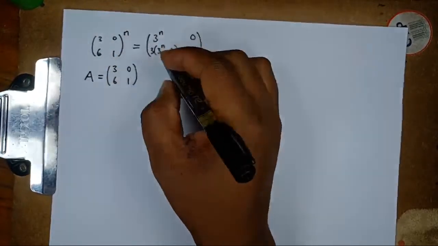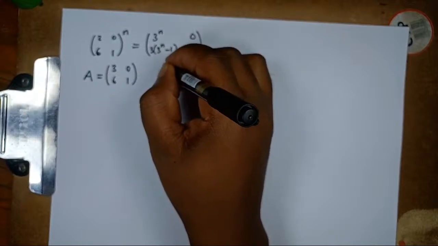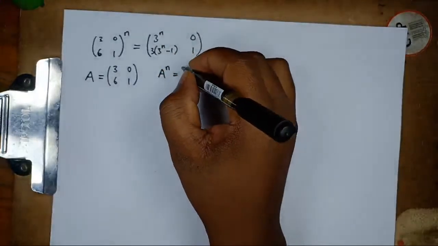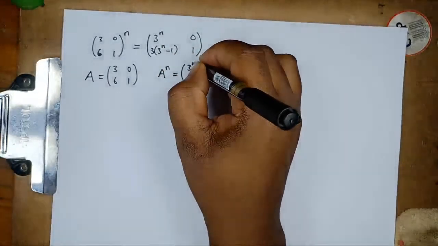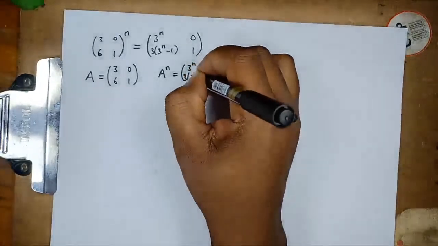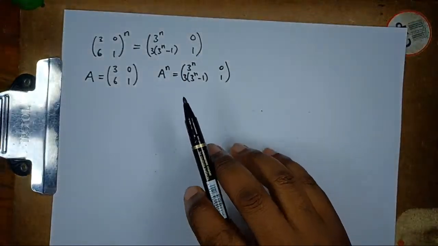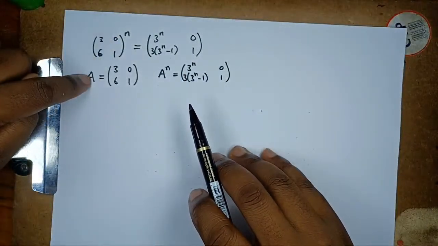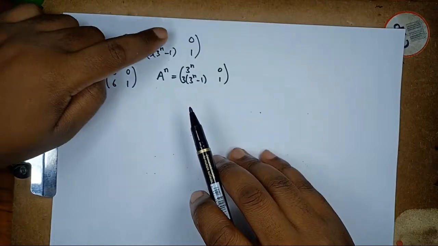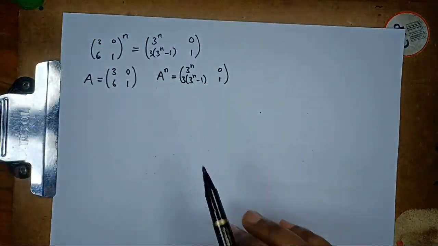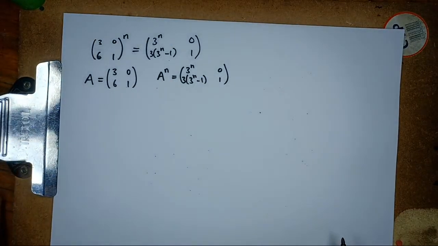So A to the power n is equal to 3 to the power n, 3 open bracket 3 to the power n minus 1, here I have a 0, here I have 1. So this is what I've done. Where there's this matrix, I just put A. So A to the power n is also this expression that we have here.